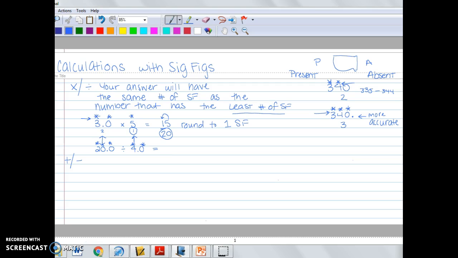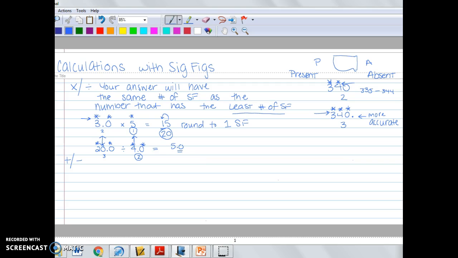But when we're talking about measurements, we need to use our sig figs. So our answer can only have 2 sig figs. This is the smaller number of sig figs. So 20.0 divided by 4.0, it's going to be 5.0. The 0.0 gives us that extra significant figure to indicate that it is exactly 5.